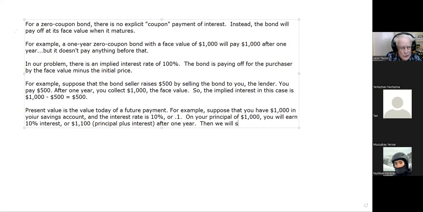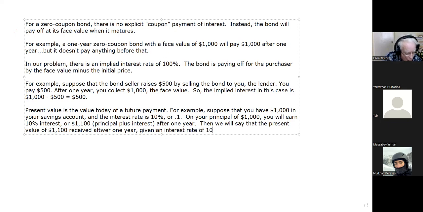Then we will say that the present value of $1,100 to be received after 1 year, given an interest rate of 10%, is $1,000.